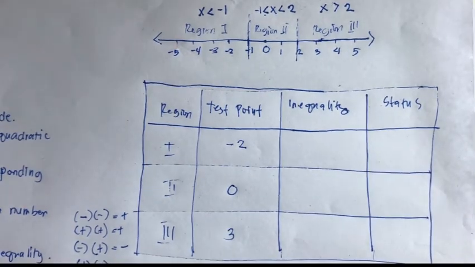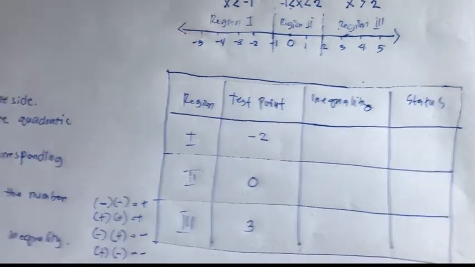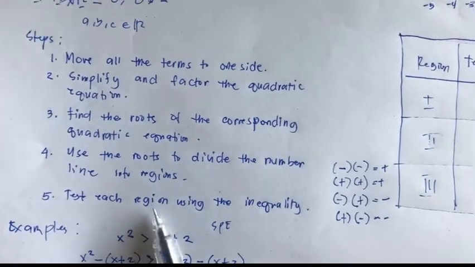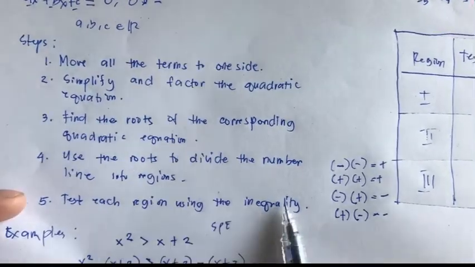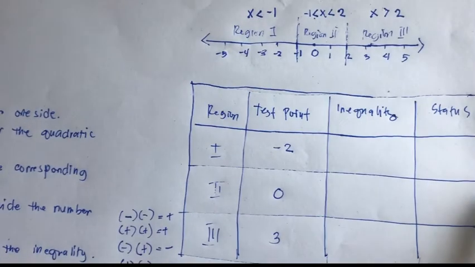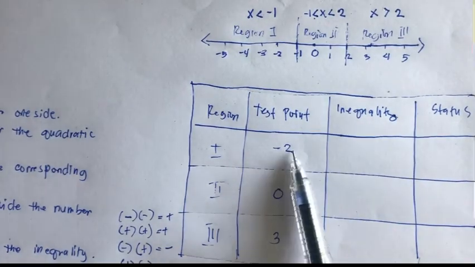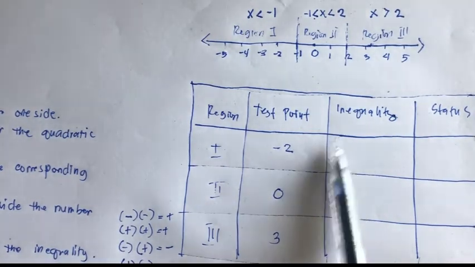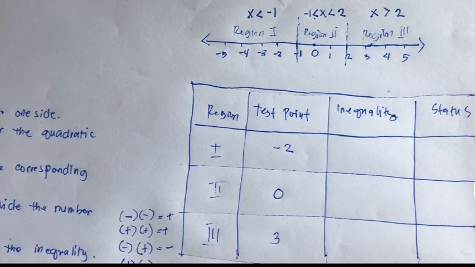Now in here, as indicated in step number 5, test each region using the inequality. So we are going to use these values as a substitute to our inequality. What is our inequality? What are our factors?